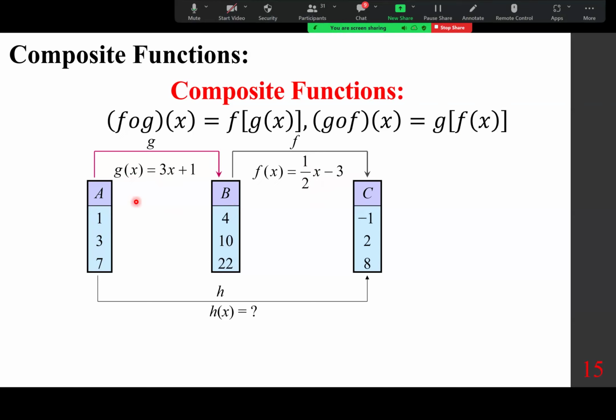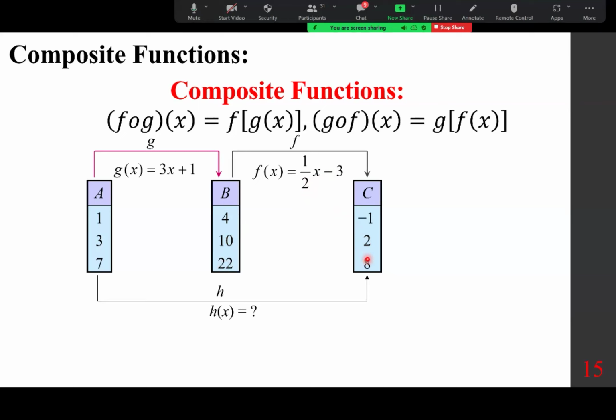For example, if I put 1, I get 4. If I put 3, 3 times 3, 9 plus 1, I get 10. If I put 7, times 3, 21 and 1, I get 22. Now from here to here, I have to multiply by 1/2 and subtract 3. So half of 4, 2 minus 3 is negative 1. Half of 10, 5 minus 3 is 2. Half of 22, 11 minus 3 is 8.